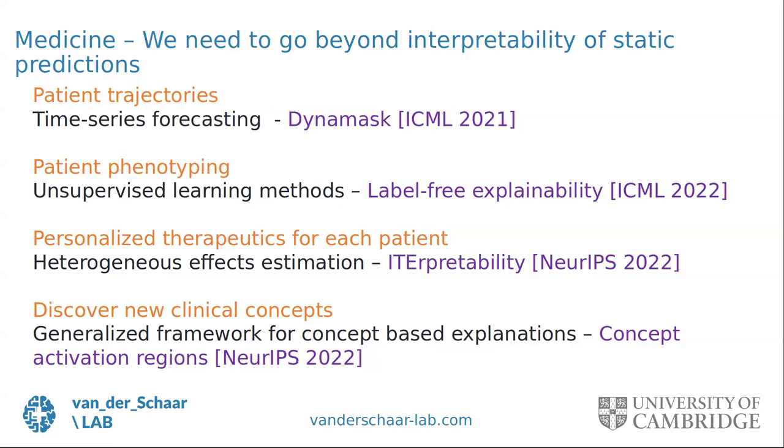We need unsupervised learning methods to understand patient phenotyping, and heterogeneous effects estimation or individualized treatment effects based explainers to understand personalized therapeutics, personalized medicine. And there's also the idea of concept-based explanations, which can discover new clinical concepts.